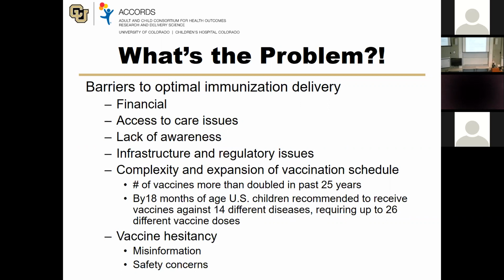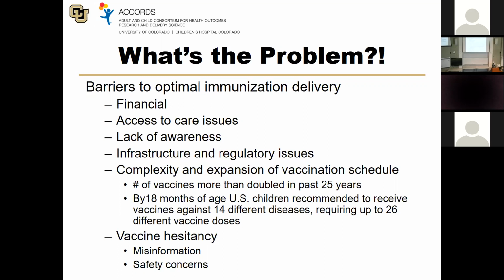But a couple of these can be addressed by a fairly straightforward approach, which is reminder recall. That helps people understand. It deals with lack of awareness. It gets them in to see their provider. If the reminder recall comes from a trusted source, it may help with confidence on the part of the parent or patient.